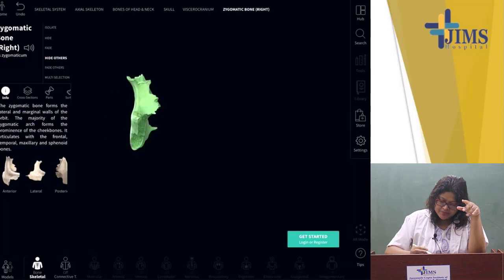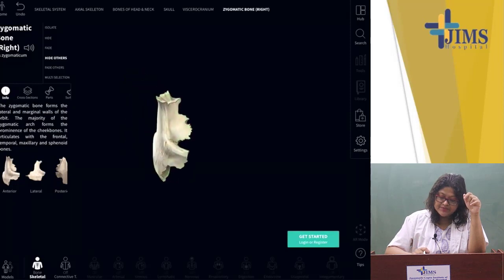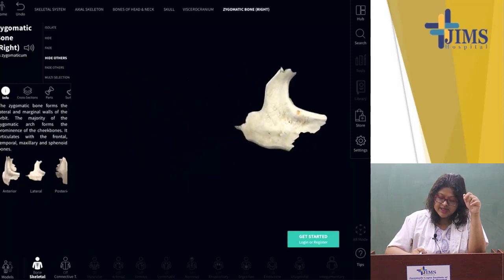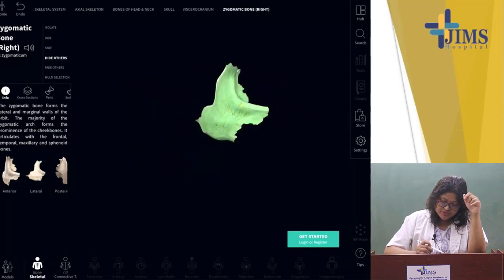The zygomatic bone has a lacrimal fossa, where the lacrimal gland is present.